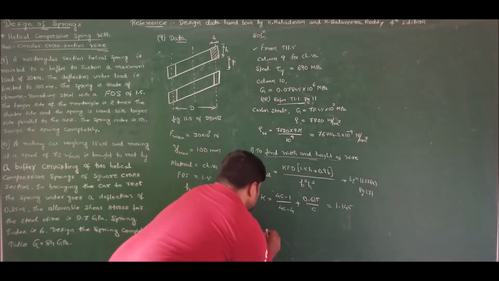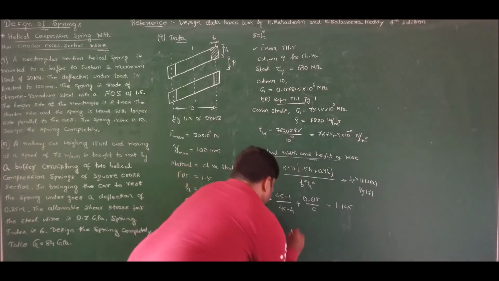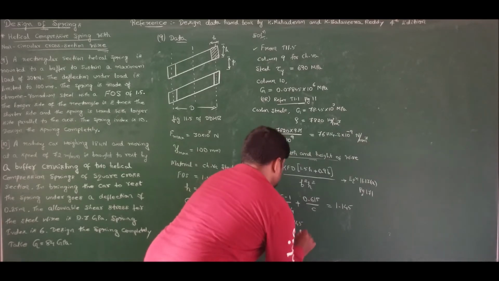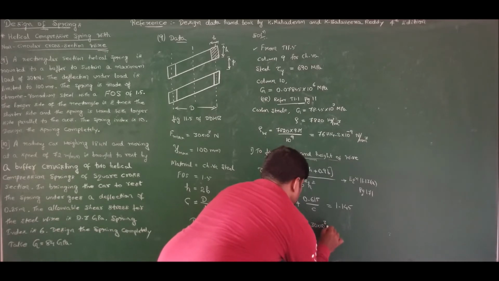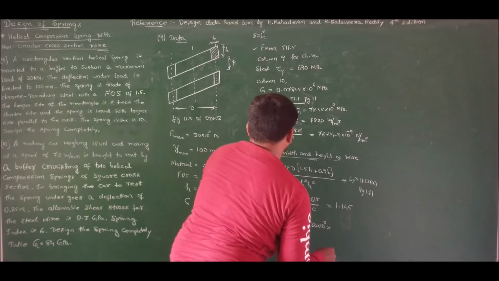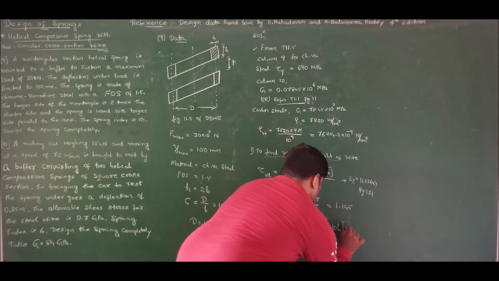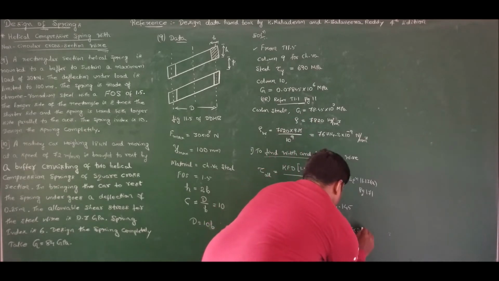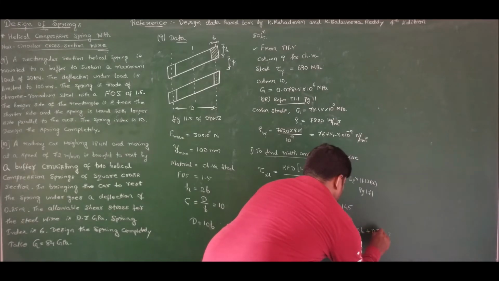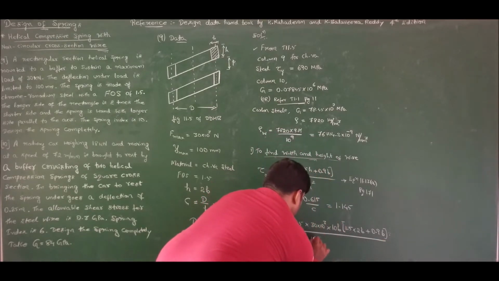Therefore tau allowable is 690 divided by 1.5, which is equal to K, 1.145, into F max, 30 into 10 to the power of 3, into D, which is 10B, into (1.5 H, where H is 2 times B, plus 0.9 B) whole divided by B square into (2B) whole square.